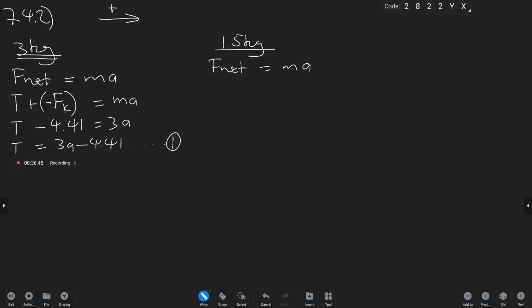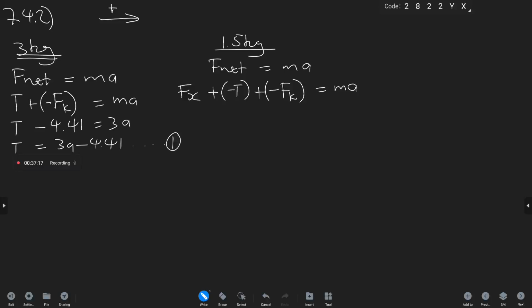The one going to the right will obviously be Fx, which is the horizontal component of the applied force, and then the rest are going to the left, so it's going to be minus tension, and then finally minus the kinetic frictional force. That will of course be equal to ma.